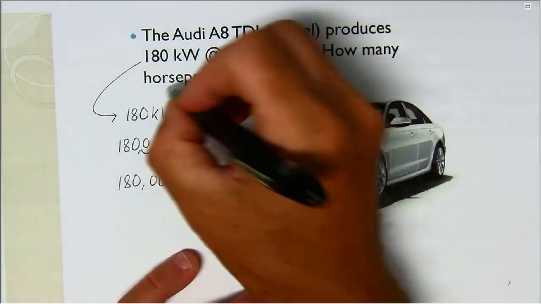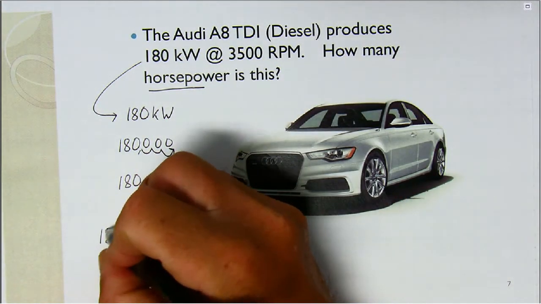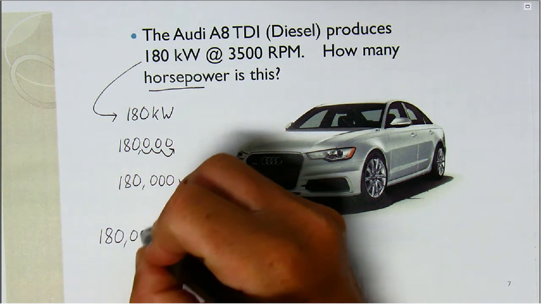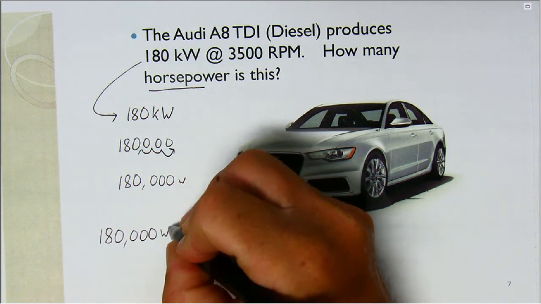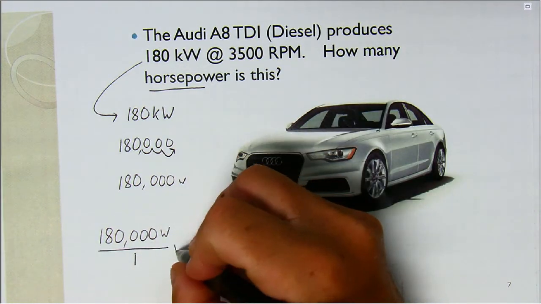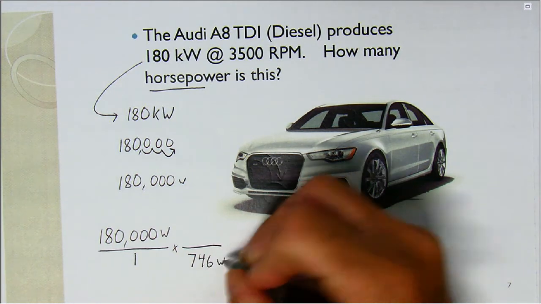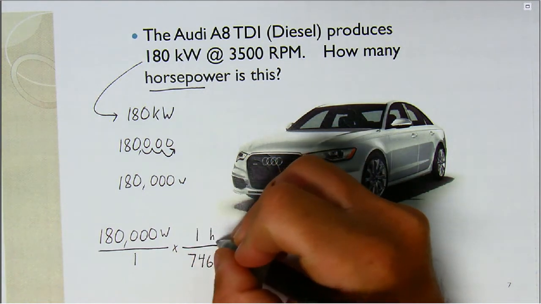Now we want to go to horsepower. So now that we've done this metric stairway move, we're going to use cancellation to get the rest of the way. 180,000 watts. And we'll trade in 746 watts for every horsepower.